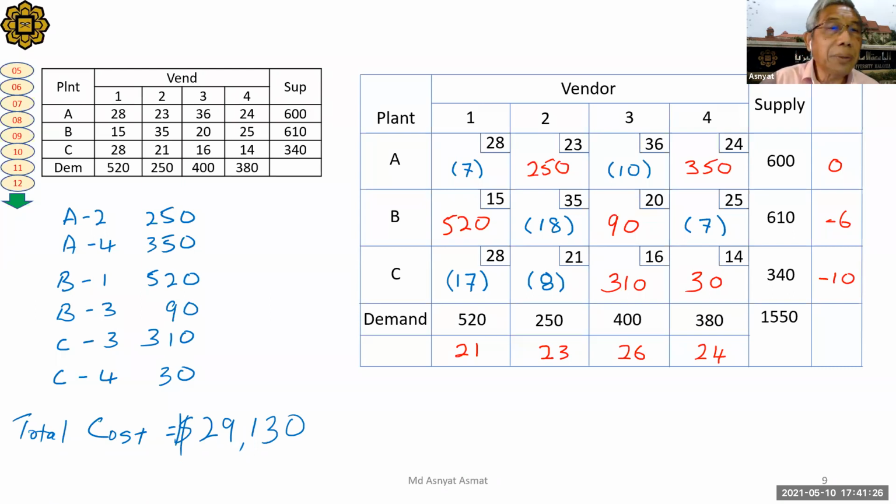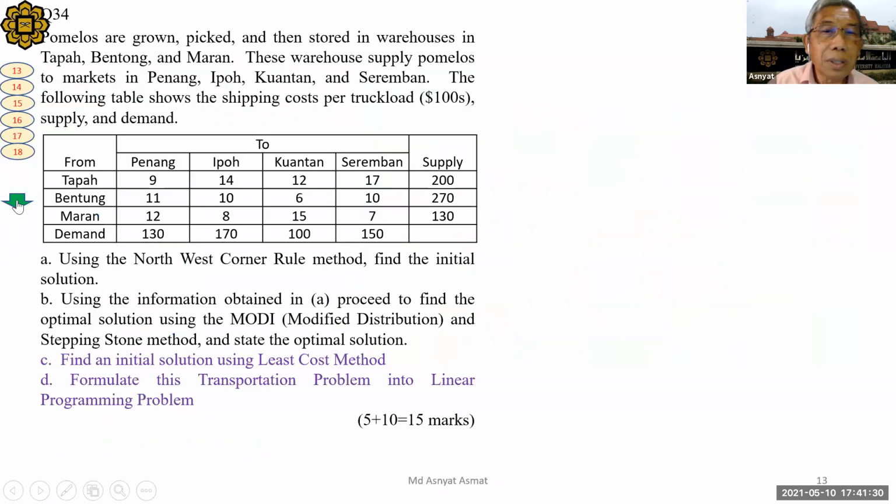Let's have another one. This one. Pomelos are grown and picked and then stored in warehouses in Tapah, Bentong, and Maran. These warehouses supply pomelos to markets in Penang, Ipoh, Kuantan, and Seremban.